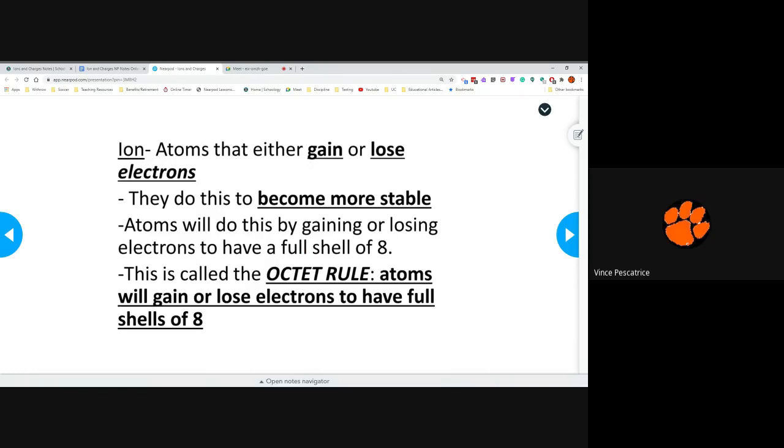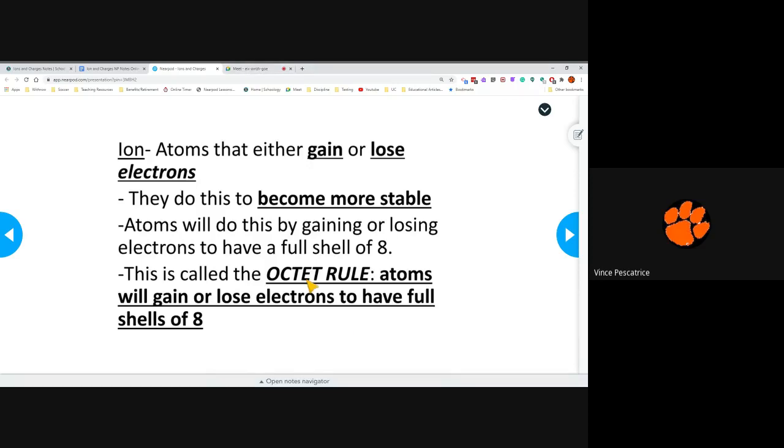A stable atom will have 8 valence electrons in its outer shell. So again, atoms have 8 valence electrons in order to become stable. That stability is based on the octet rule. If you think about other words that start with oct, like octopus or octagon, those are all words that start with OCT, and that means 8.